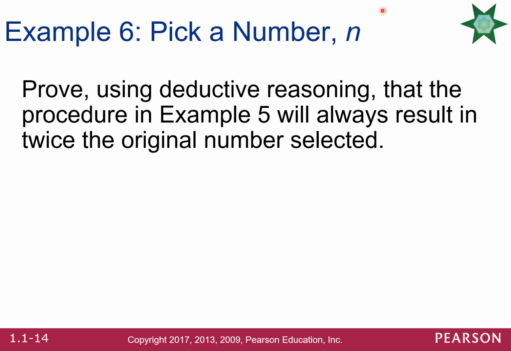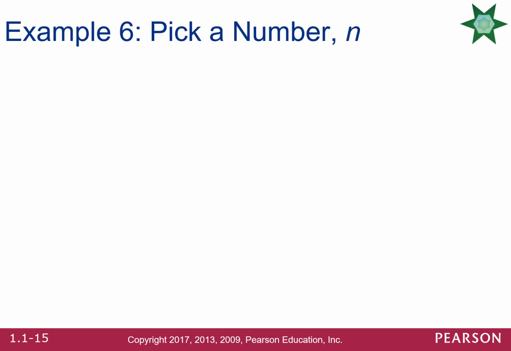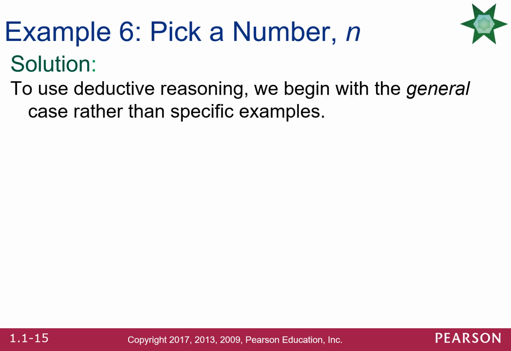We are going to start with a variable which we'll call n, and then we will perform the steps on that n and see the relationship between the end result and the initial variable that we started with. So here we begin with a general case rather than a specific example.